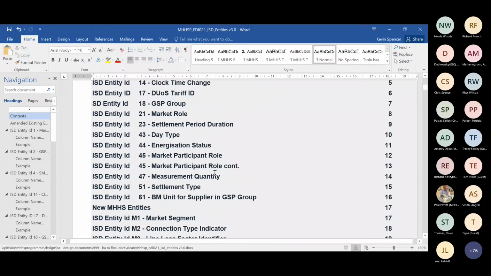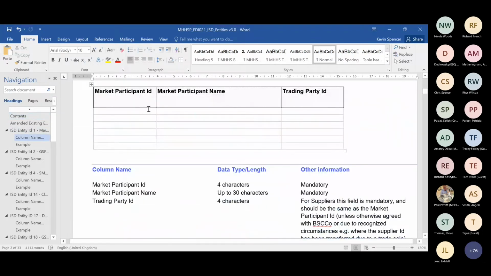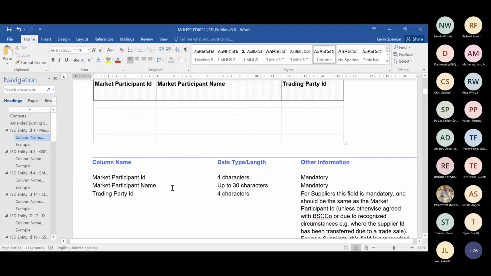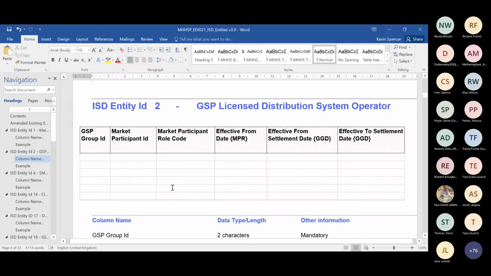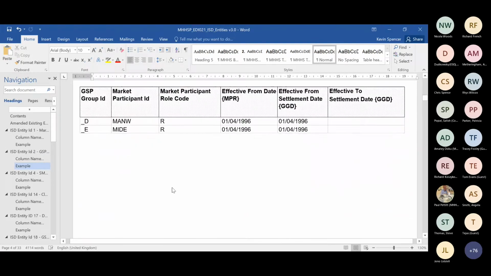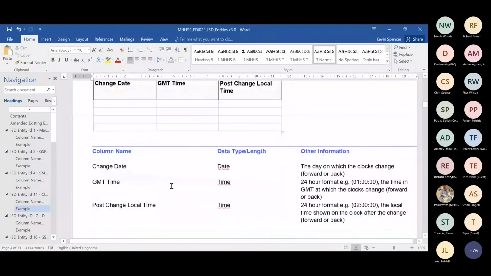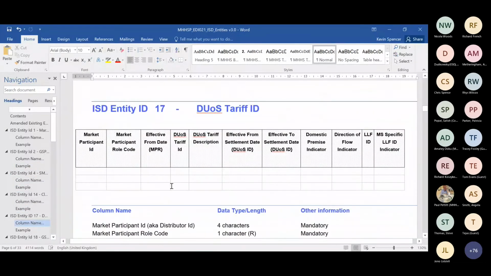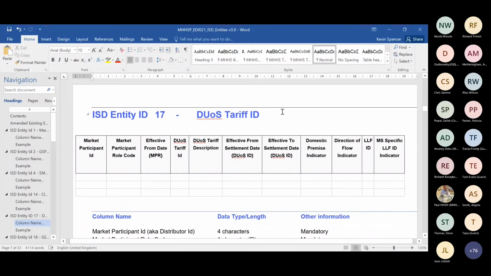Looking through that, some of these haven't actually needed to be amended. Some of the key changes that you might want to note: if we go to the GEOS tariff ID, this entity is currently called line loss factor class ID. We're replacing line loss factor class ID with GEOS tariff ID because effectively that is what it's mainly used for.